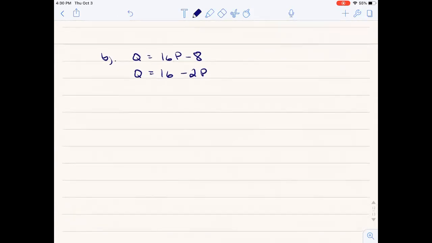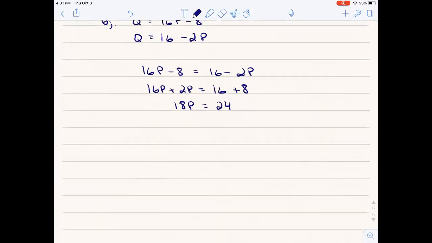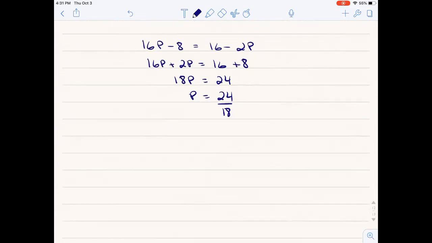Again, I'm just going to set these equal to each other because they're both equal to Q. And so I can solve 16p minus 8 is 16 minus 2p. Bringing the p to the left-hand side, I get 16p plus 2p is 16 plus 8. So I get 18p, and 16 plus 8 is 24. So P is 24 over 18, I don't think there's a good answer, so I'll just leave it as the fraction now.